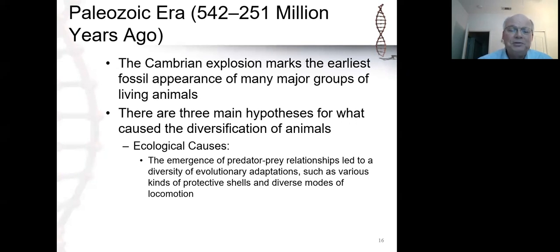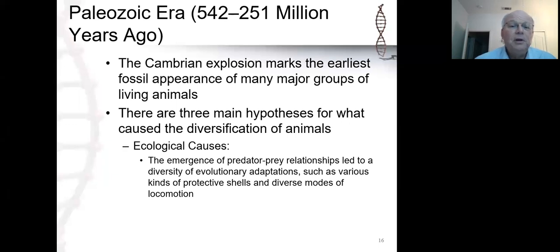In other words, this is the period where we establish the modern animal kingdom in terms of the phyla diversity that we see today. So the other question that has yet to be fully answered is exactly what gave rise to the Cambrian explosion. And 3 hypotheses have been proposed to try and explain the origin of the explosion of diversity.